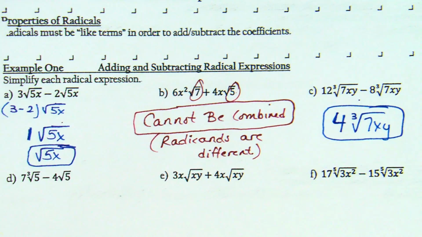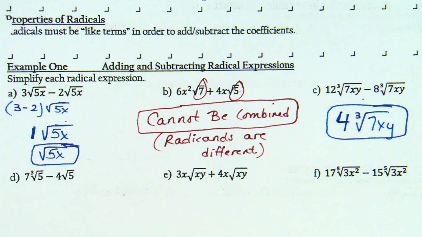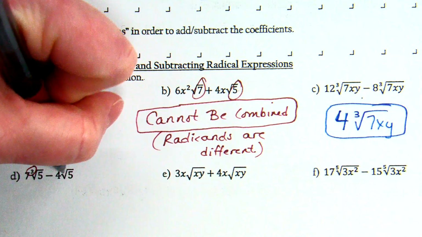Okay, D. 7 cube root of 5 minus 4 square root of 5. We have a cube root and a square root. In order to add or subtract, the radicals have to be identical.